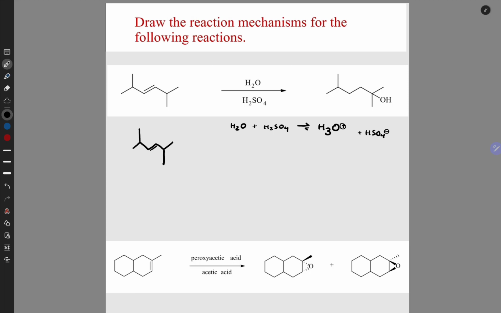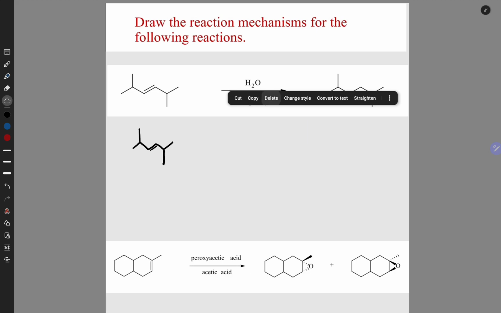So when you throw water and H2SO4 into a vat, the one that's actually the acid is more likely to be hydronium than H2SO4, and that's the one we're going to be looking at in this reaction. So when you see H2O and H2SO4, just know you're going to be working with water and H3O+.